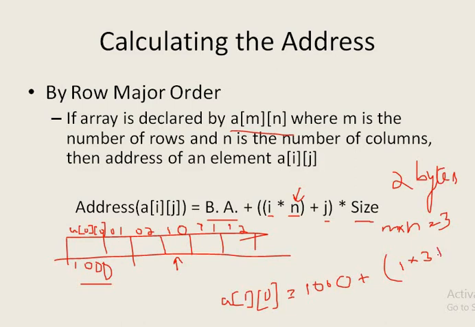plus J. J value is 0 into size of the memory, that is size of one integer will be 2 bytes. So into 2. So calculating this we will get 1000 plus 1 into 3 plus 0, that is 1 into 3, 3 plus 0, it will become 3 itself. 3 into 2, 6, and the value will give 1006.